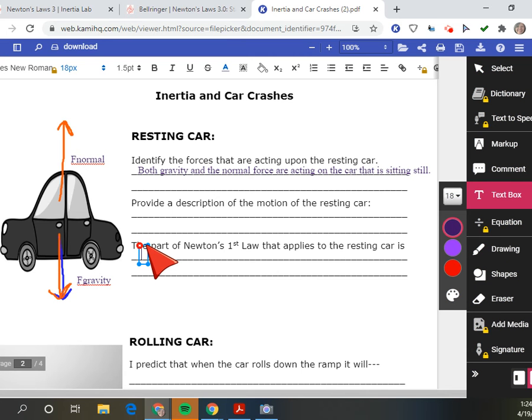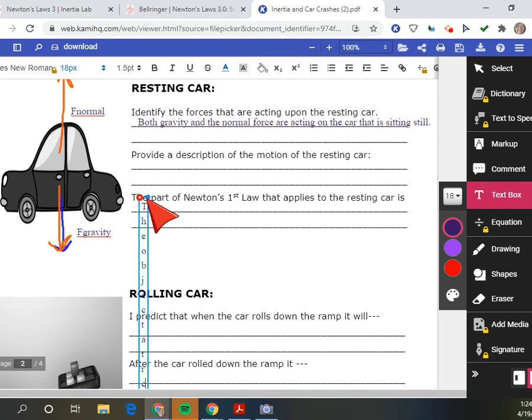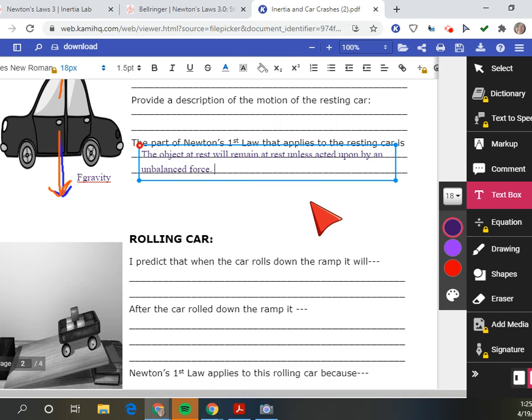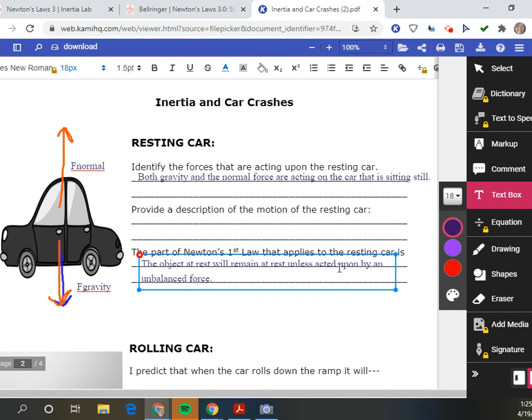So you would write the object at rest will remain at rest unless acted upon by an unbalanced force. Okay. I'll give you a couple of seconds to fill that in.